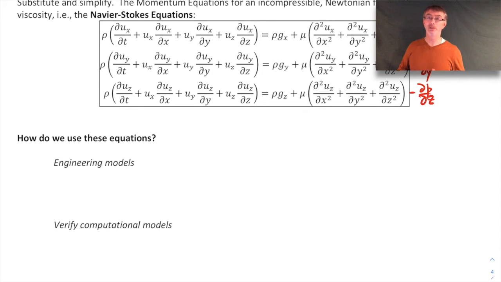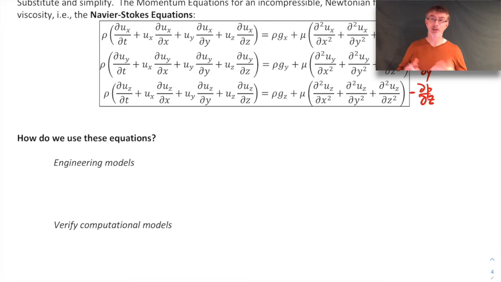And it turns out there are only a handful of actual analytical solutions. In general, we don't know how to solve these equations by hand. And so that's where the computational calculations come into play. You can approximate these equations numerically and then have a computer help try to solve them for you. It's still very challenging. There's a lot of math involved in that and numerical challenges, but it's doable.